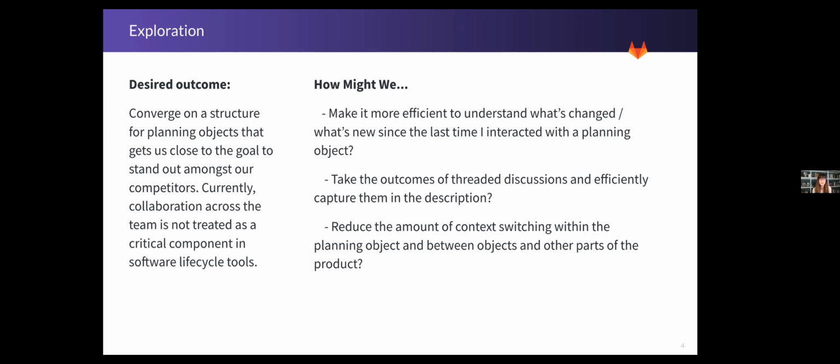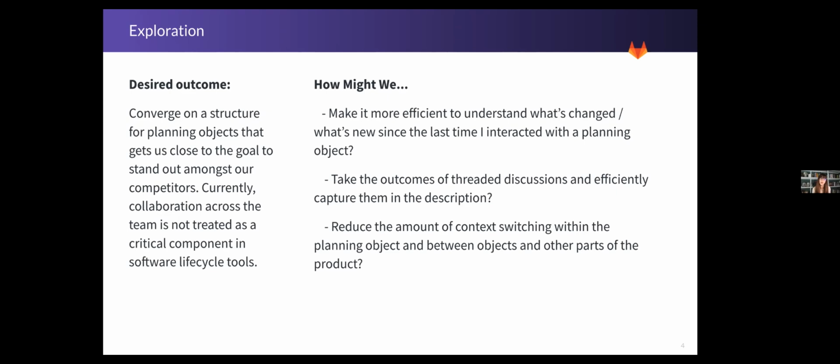So keeping in mind the desired outcome of exploring a structure for planning objects that would help to increase those chances of standing out against our competitors, there were 3 how might we statements defined. How might we make it more efficient to understand what's changed or what's new since the last time I interacted with the planning object?